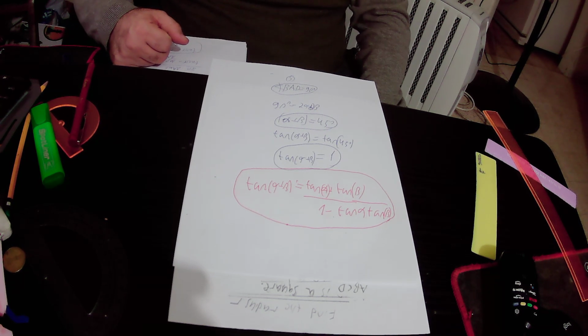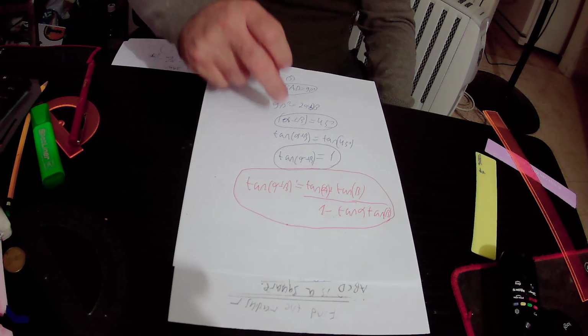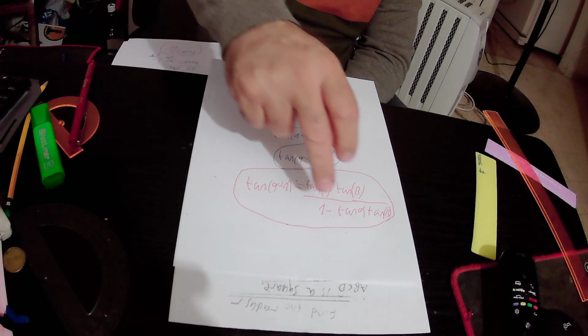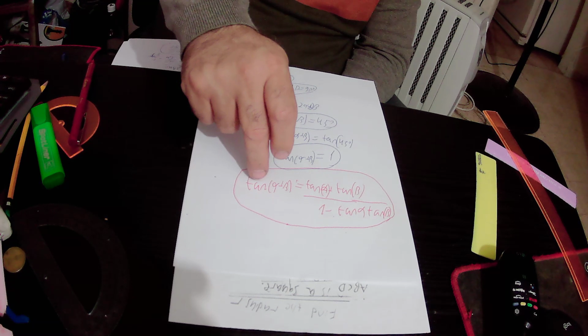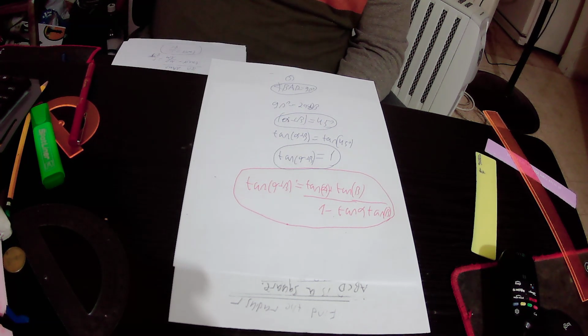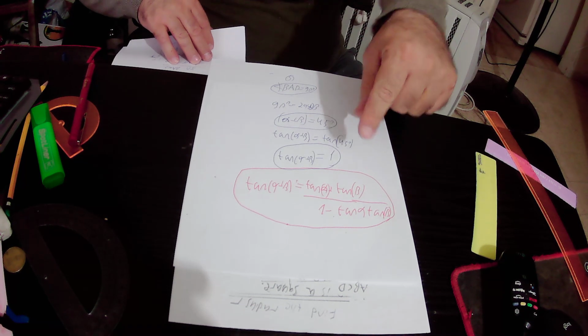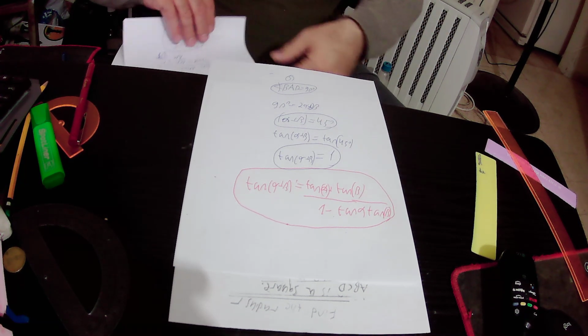So instead of tangent of alpha plus beta, we will write this expression that equals tangent of alpha plus beta according to this trigonometric identity. Okay, and this expression will be equal to 1.